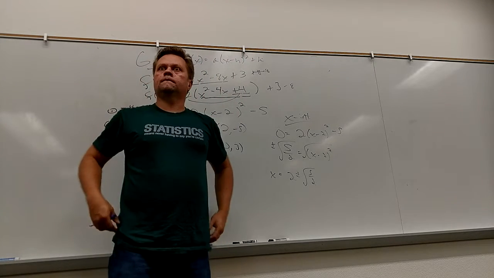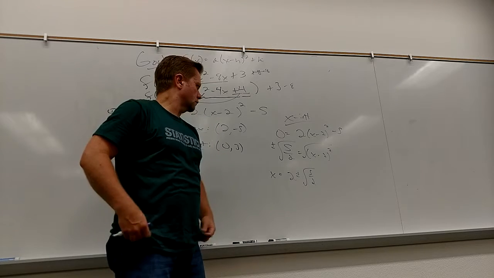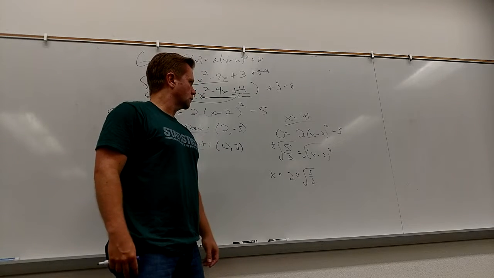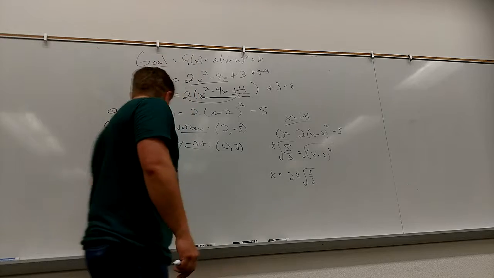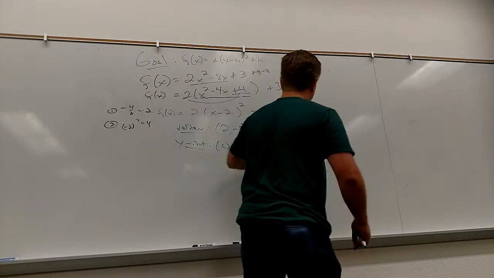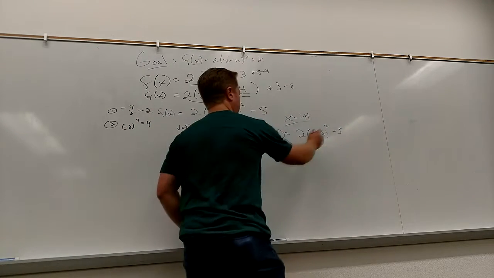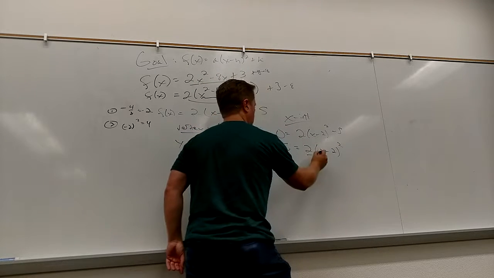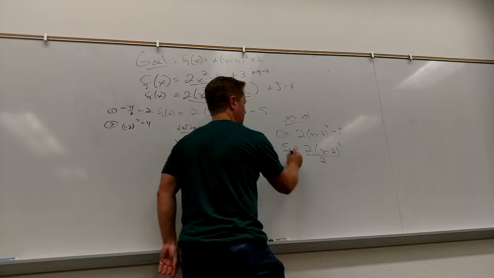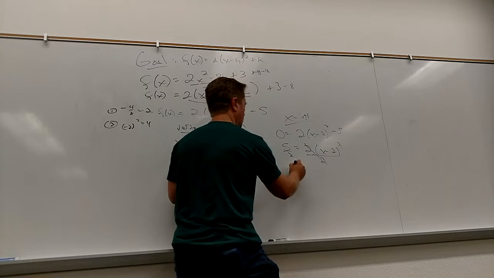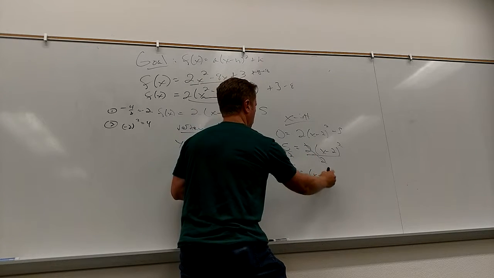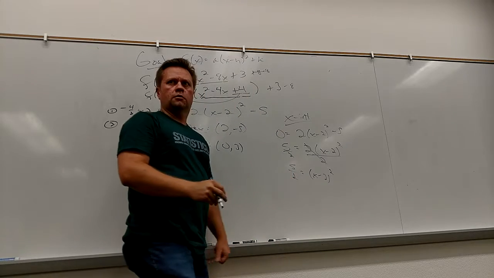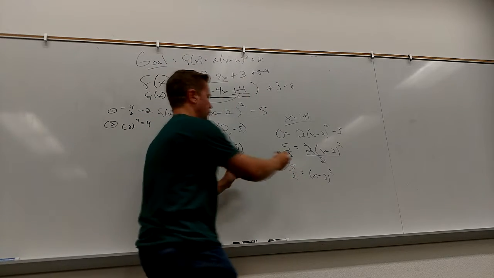Why isn't it like 2 plus or minus square root of 5 all over 2? Oh, okay. All right. Let's do this all. So add 5. Now divide both sides by 2. And that's why. And then square root.